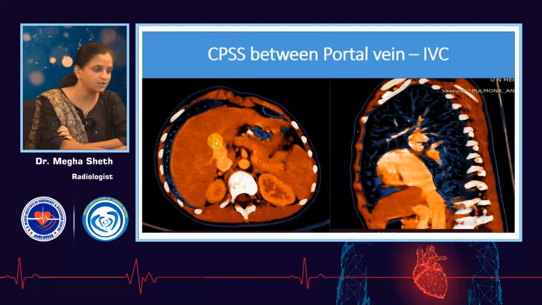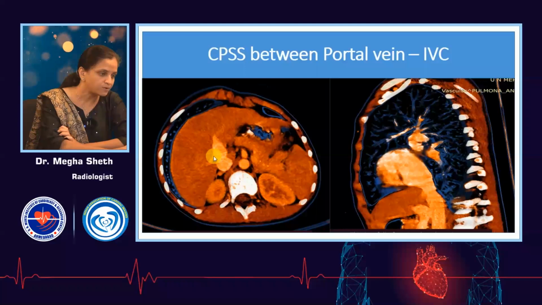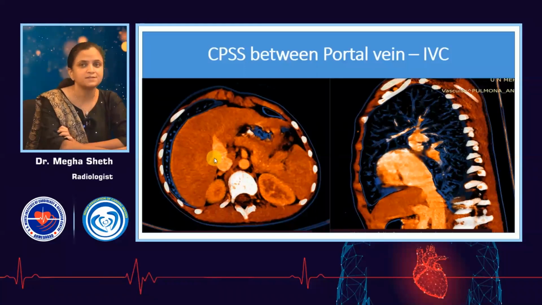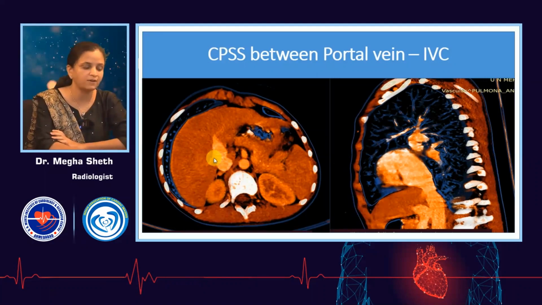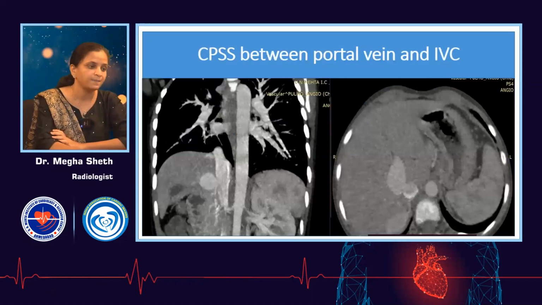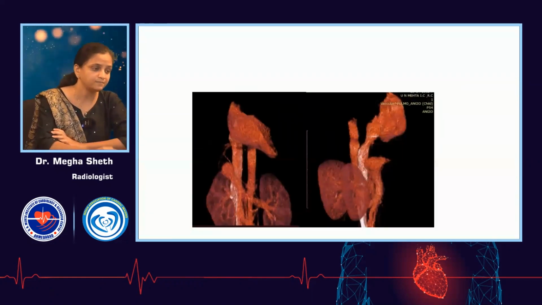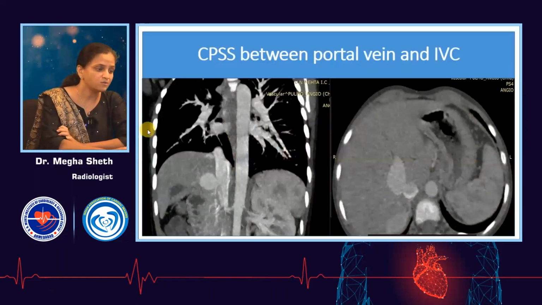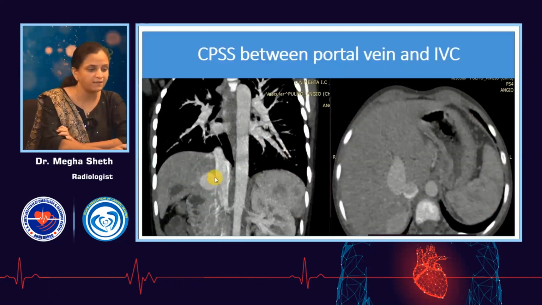This is the dilated left branch of the portal vein. What is important is that here we can see a narrowed branch of the right portal vein. This is very important to demonstrate and mention on imaging whenever we can see it. This was another case. Here also we had an aneurysmal communication between the portal vein and IVC.